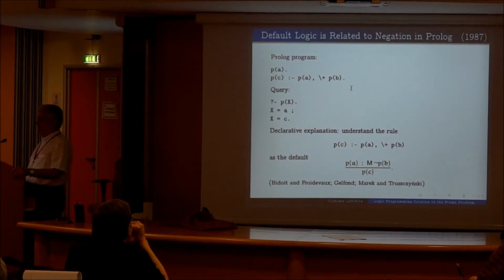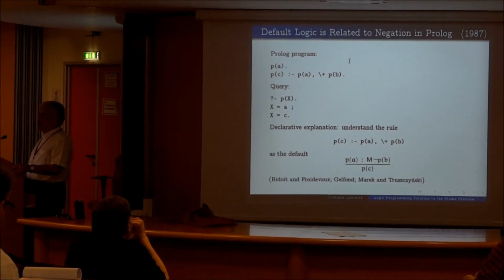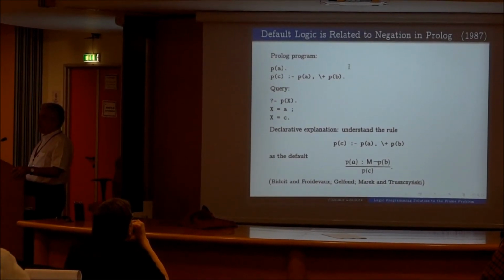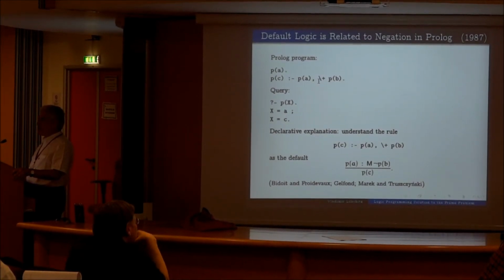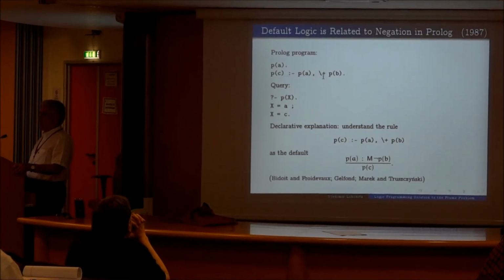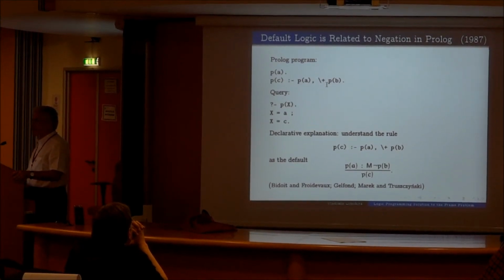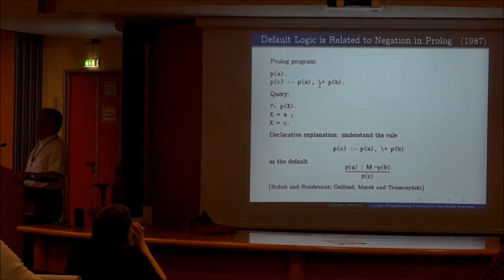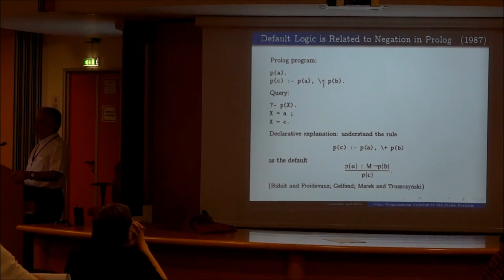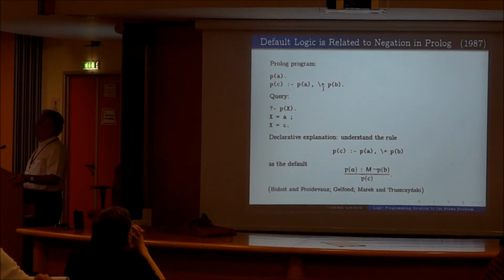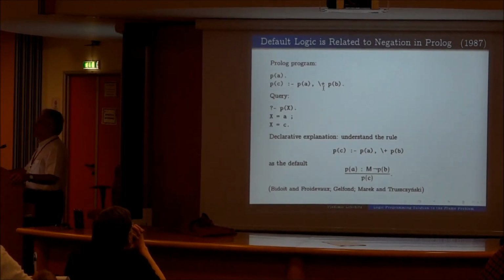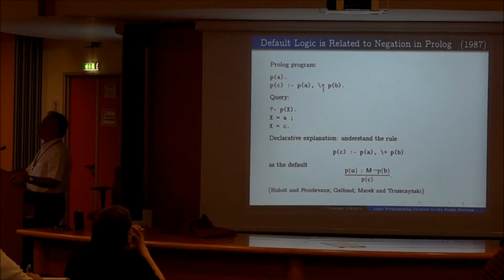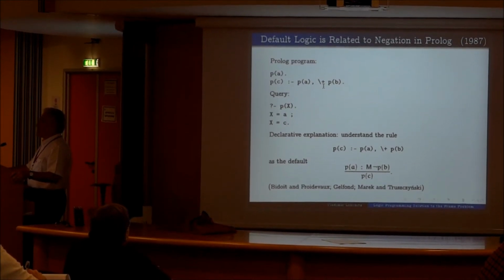What you see here is two rules written in Prolog, where in the second rule this negation as failure operation is used. The strange symbol \+ is used in Prolog as a negation sign, because its shape is similar to the derivability sign, which is a cross.